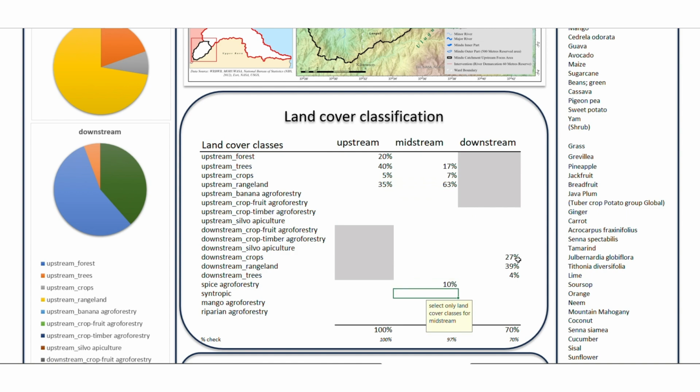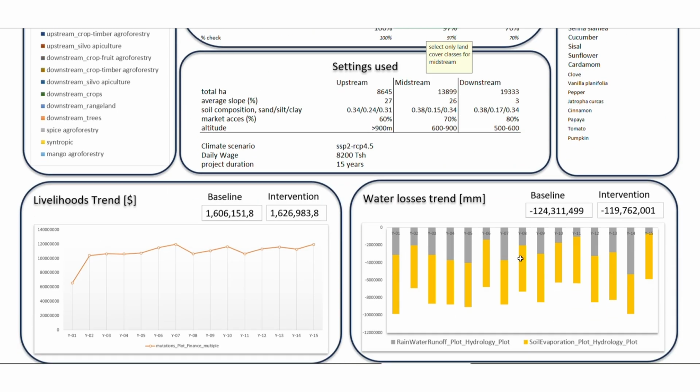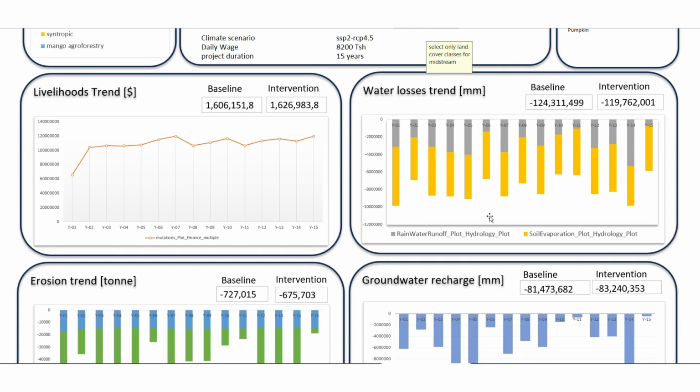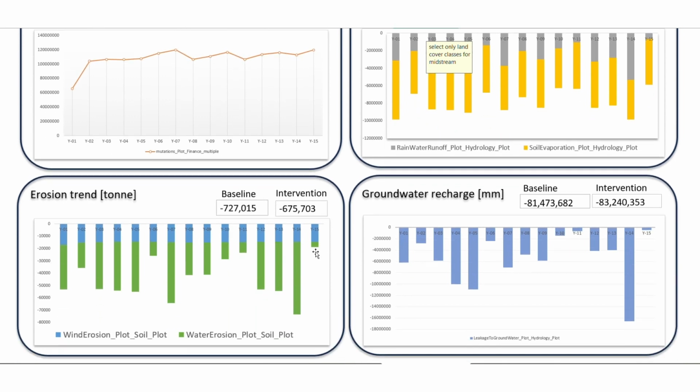Then we look at the results, and we can see, for example, that the livelihood trend is going up, while the water losses trend is going down. So water losses are being reduced. Then erosion is also being reduced and groundwater recharge is increasing.